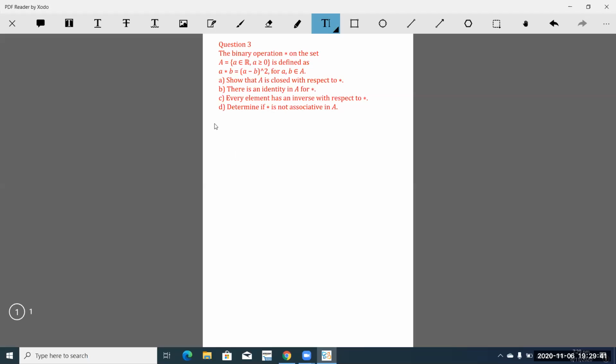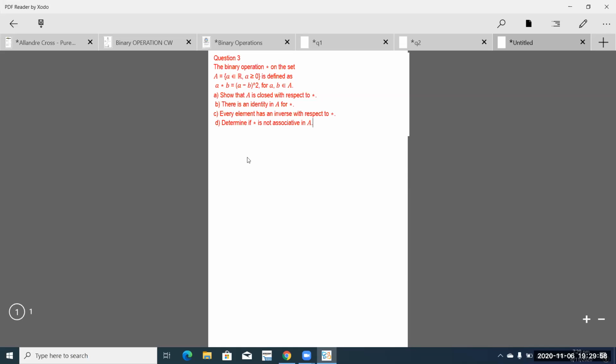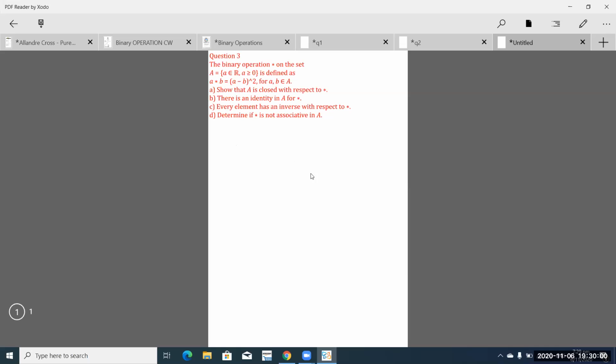All right, so the first part says, show that A is closed. How are we going to show that A is closed? We have to show that we start with real numbers, and the operation also gives back a real number.